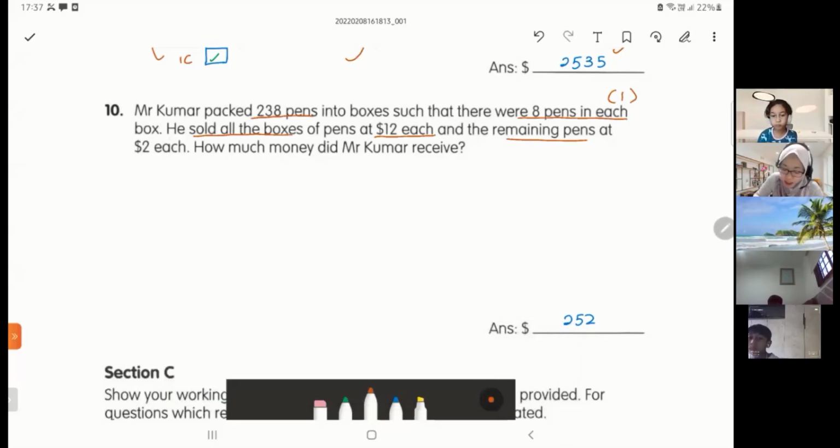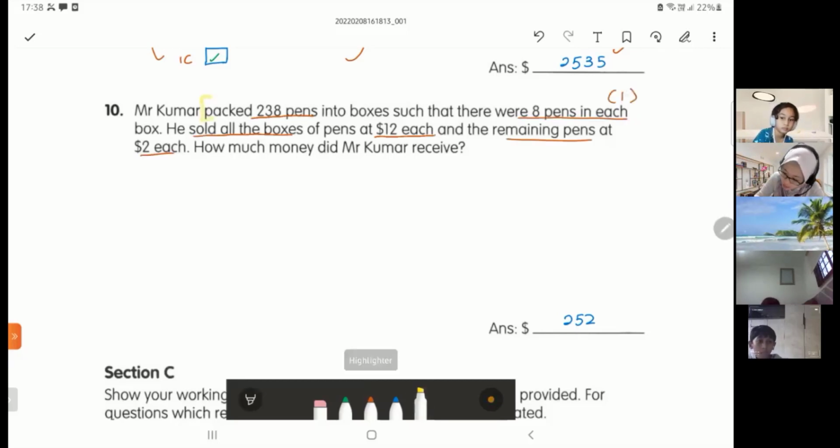And the remaining pens at $2 each, meaning the loose pens. Some of the pens cannot fit inside the box. It doesn't equate to 8 pens in each box. So there's a balance. The balance is sold at $2 each for the pen. How much money did Mr. Kumar receive?